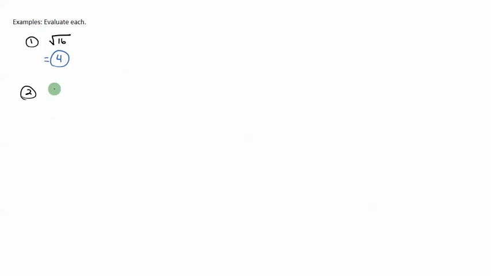Number 2, the square root of negative 16. Well, we already know there's no real number that multiplies by itself twice to be negative 16. So this is not a real number. So here's a case where it doesn't give an answer at all. So the point is the symbol will never give more than one answer. Sometimes it won't give an answer. It could give 0 answers. Number 3, what if the negative is outside of the square root? Well, the way to think about that is this is the negative square root of 16.